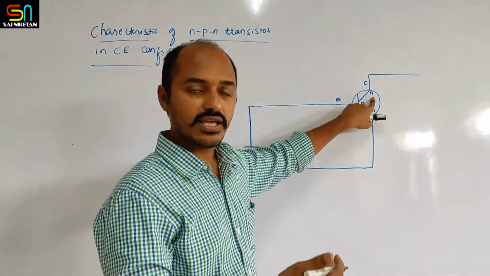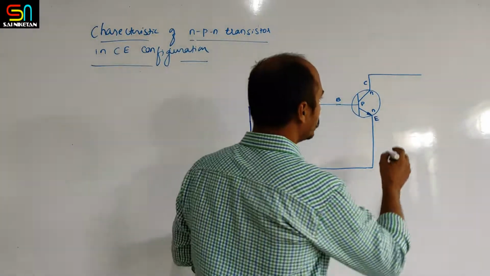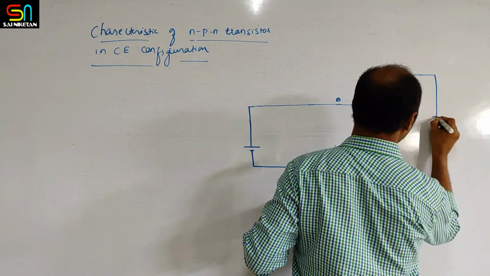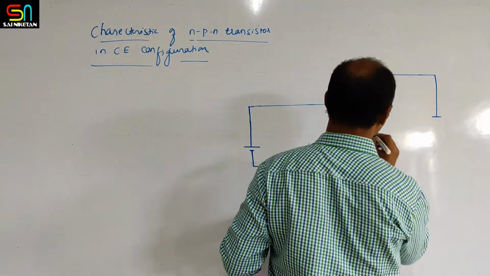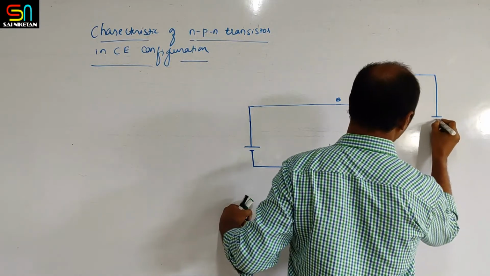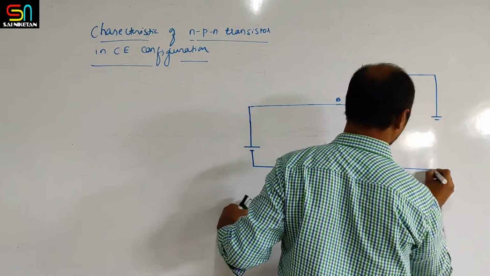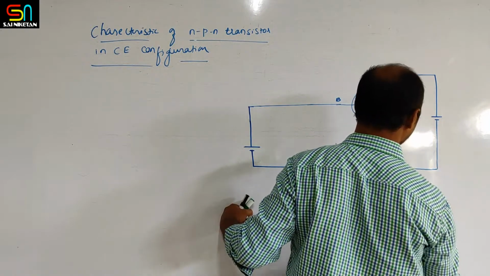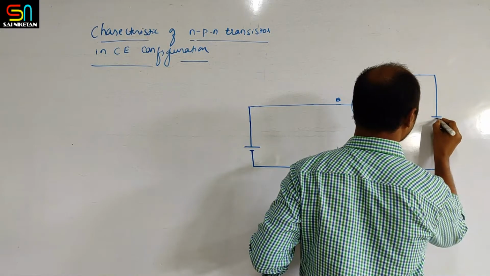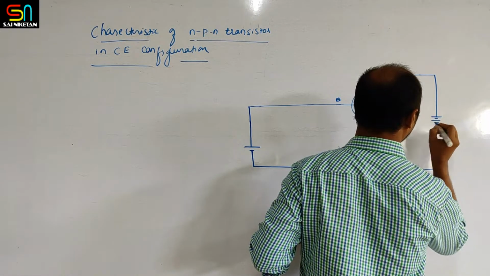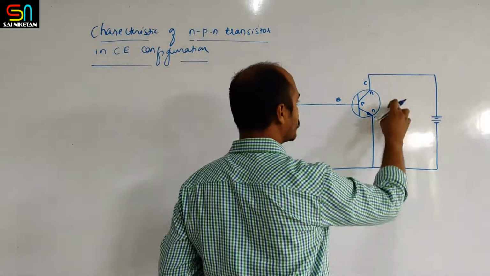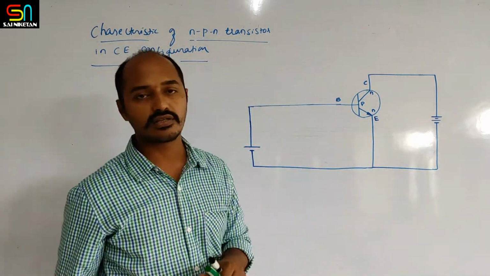To make this reverse biased, this must be connected with the positive terminal, and the emitter being negative, it is connected with the negative terminal. So this is how we can connect. I'll make the size of the battery larger here. So you can say this is in reverse bias condition and this is in forward bias condition.